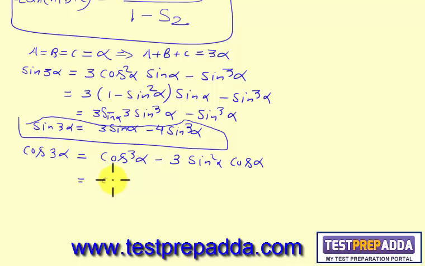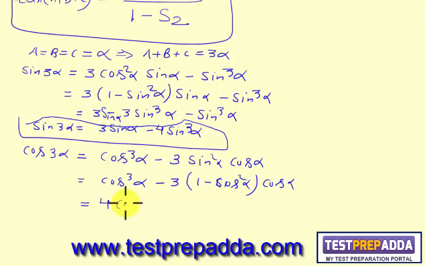So what will you write here? Cos cube alpha. I will substitute sin square alpha with 1 minus cos square alpha, times cos alpha. So at the end it becomes what? The minus will become plus, plus 3 cos cube alpha, and 1 cos cube alpha is already there.